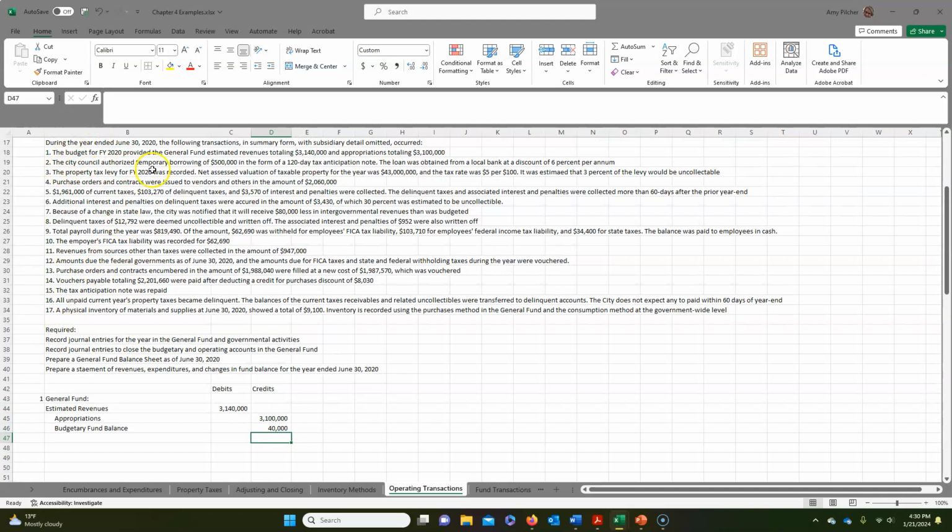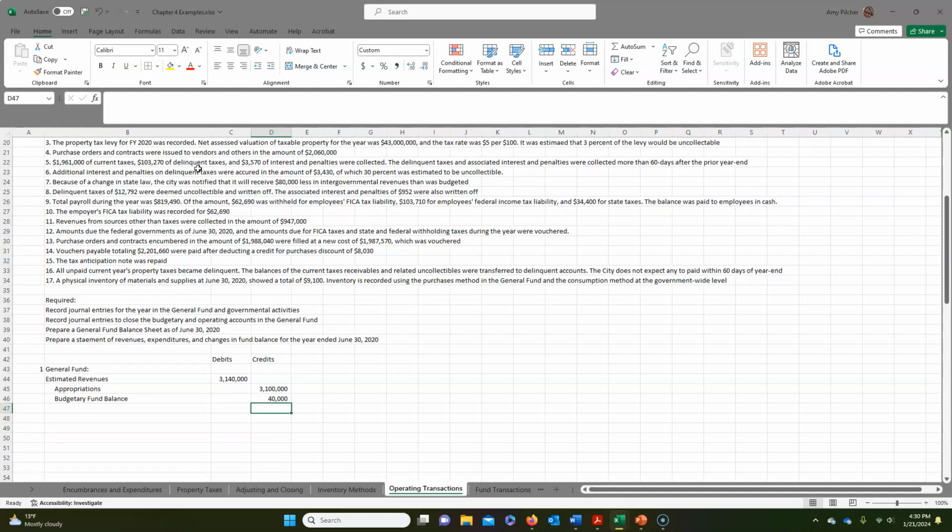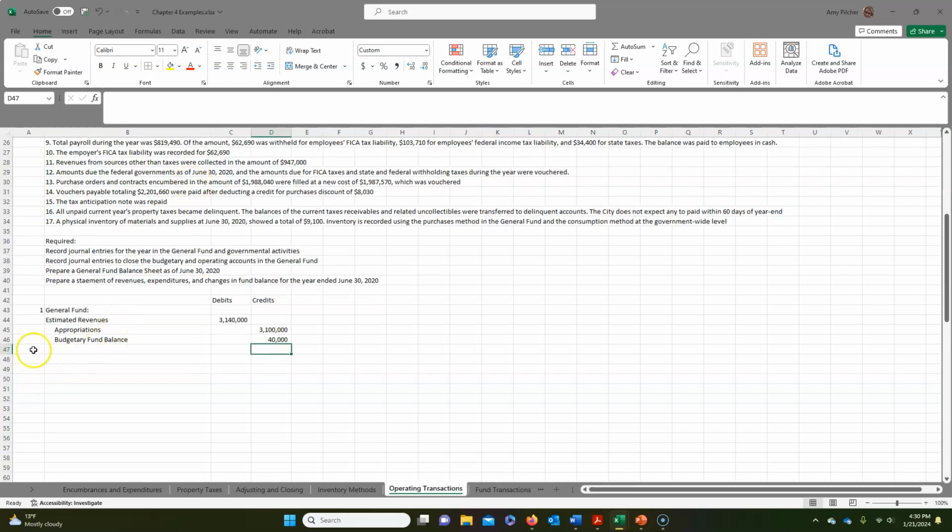The City Council authorized temporary borrowing of $500,000 in the form of a 120-day tax anticipation note from a local bank at 6% per annum. So $500,000, and we got it at a discount. Okay. So we're going to look at 2.